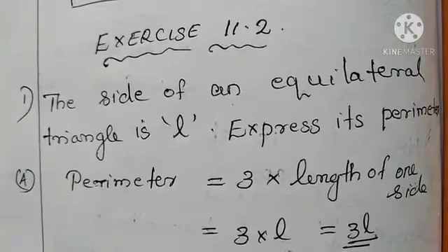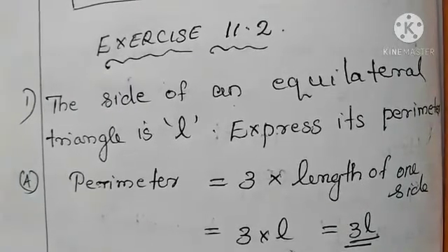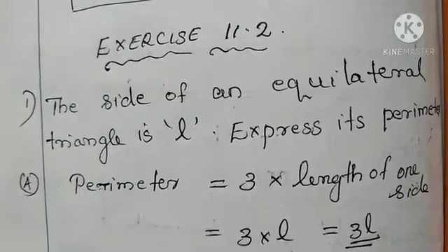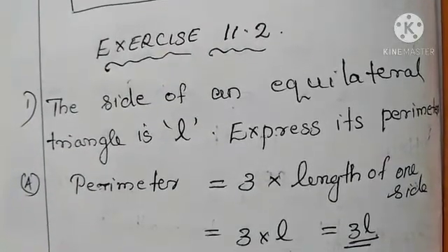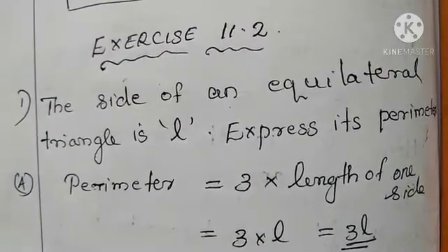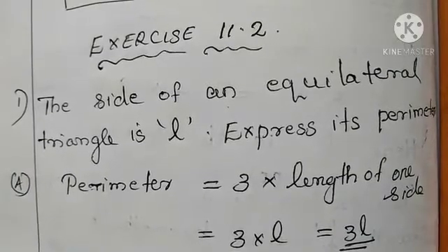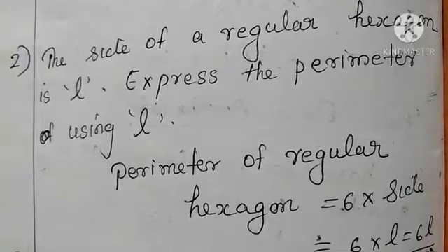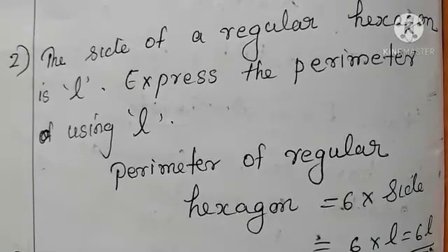So it is 3 into L, 3L. The formula to find the perimeter of an equilateral triangle with side L, if we use the side as a, will be 3 into a. Understood?